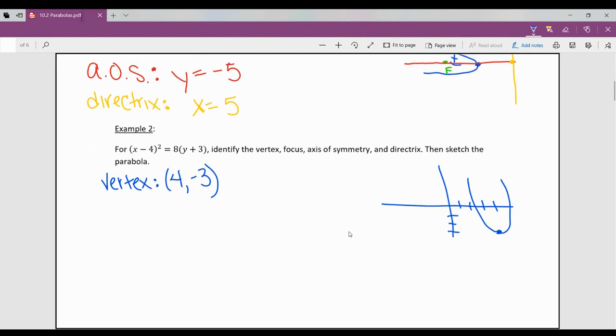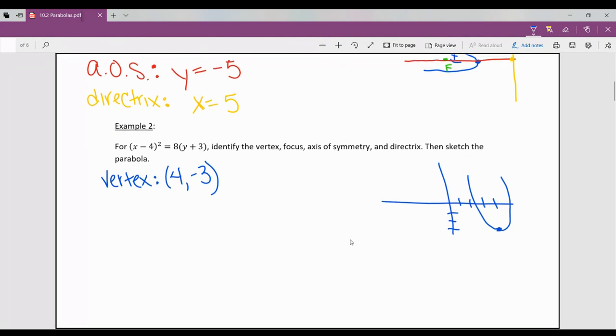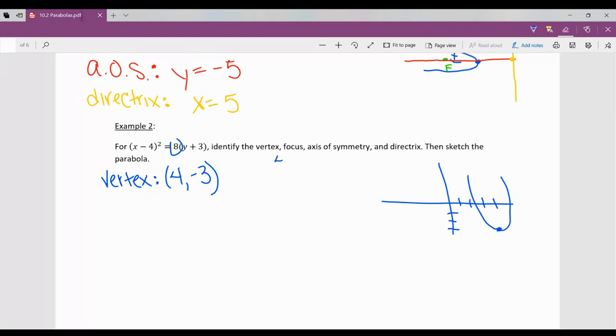All right, now my focus. To find the focus, I take this number on the outside. So that is 8 is equal to 4p. So p is going to equal 2. All right, so my focus is 2 units away from the vertex.